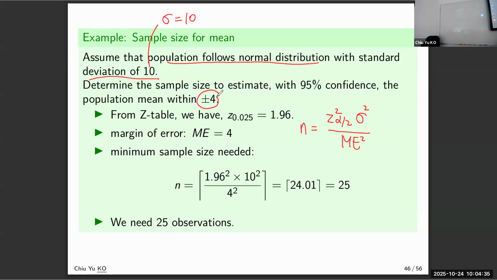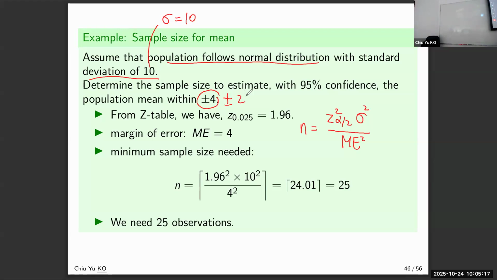So you end up with 24.01, so you need 25. So you can see if you want to improve your precision, from plus minus 4, say, to plus minus 2, then you would quickly make 4 times the size, n would become 100, right?